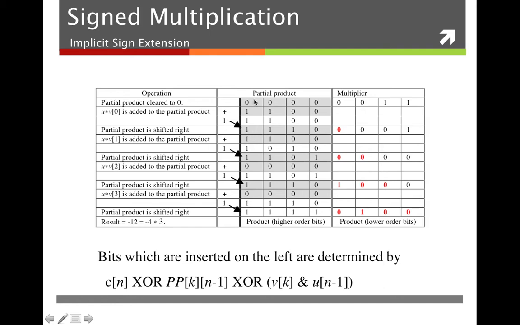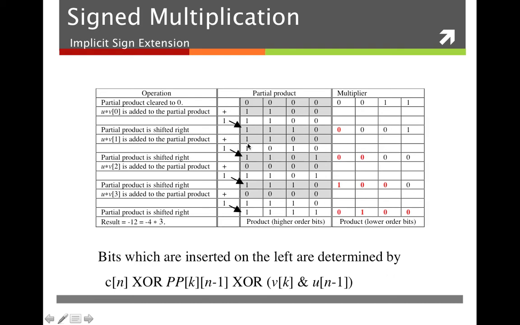We're going to keep the product within the n bits of the partial product register and the n bits of the multiplier register. Since we have n plus n bits to represent our product, the concatenation of these two registers will be enough to hold all of our n plus n bits in our basic memory structure. So this is how you get to compute these bits.